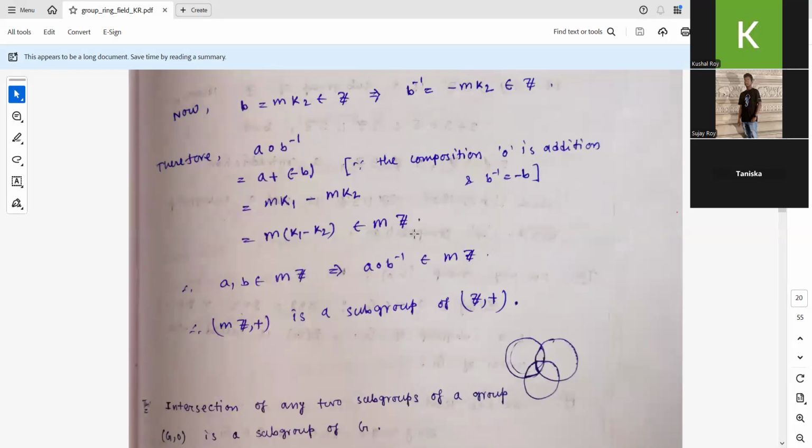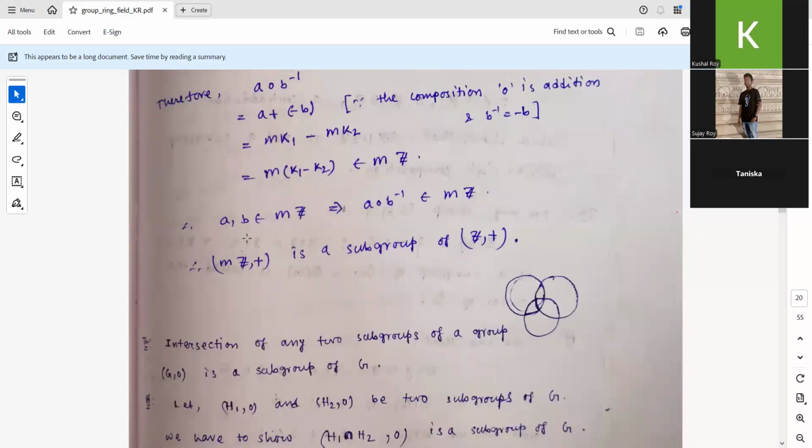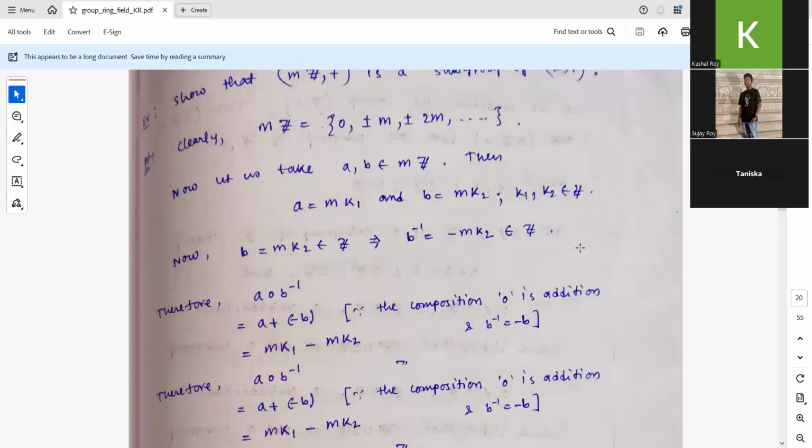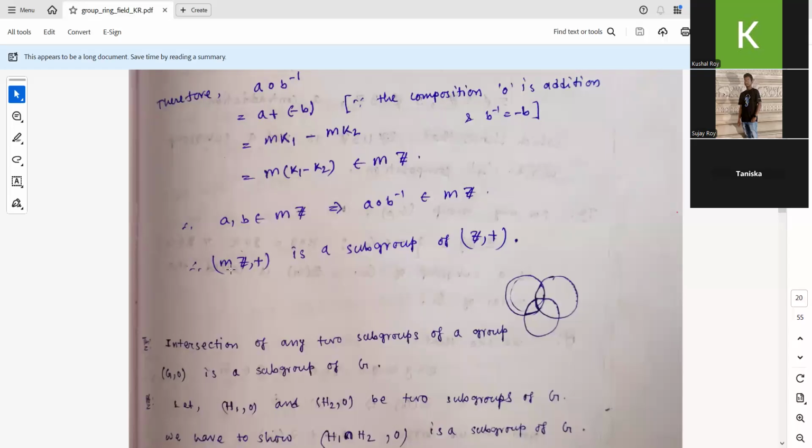Since this belongs to MZ, that means A comma B belongs to MZ implies A composition B inverse belongs to MZ. So therefore by the previous theorem, it follows that MZ is a subgroup of Z.